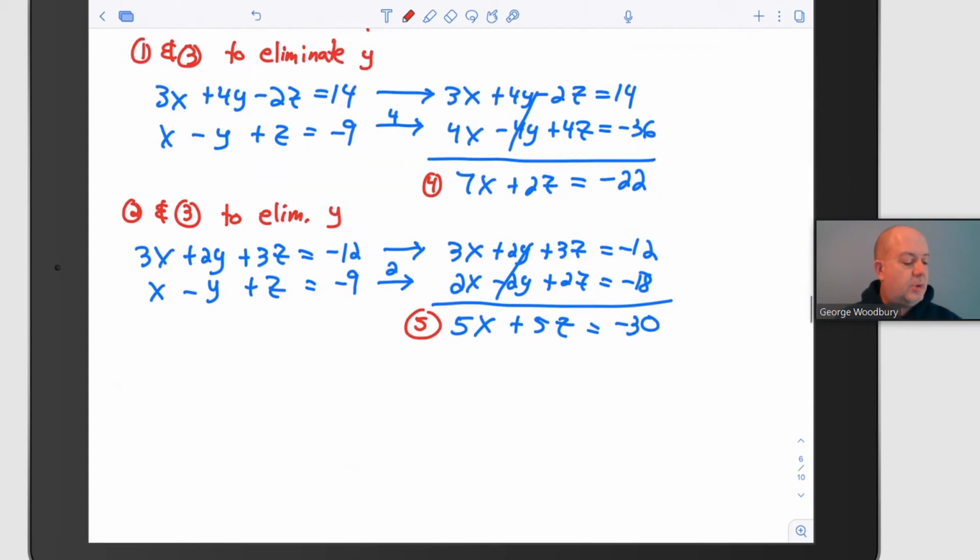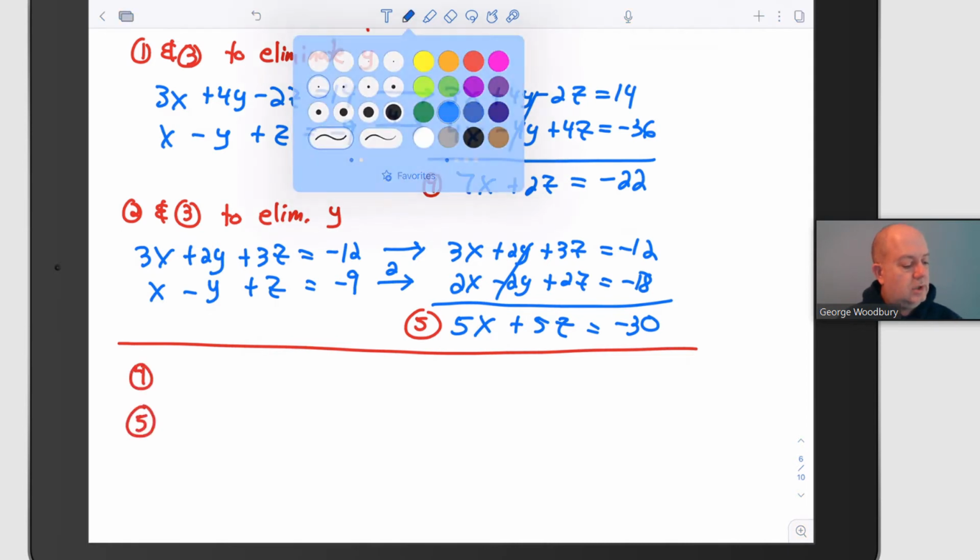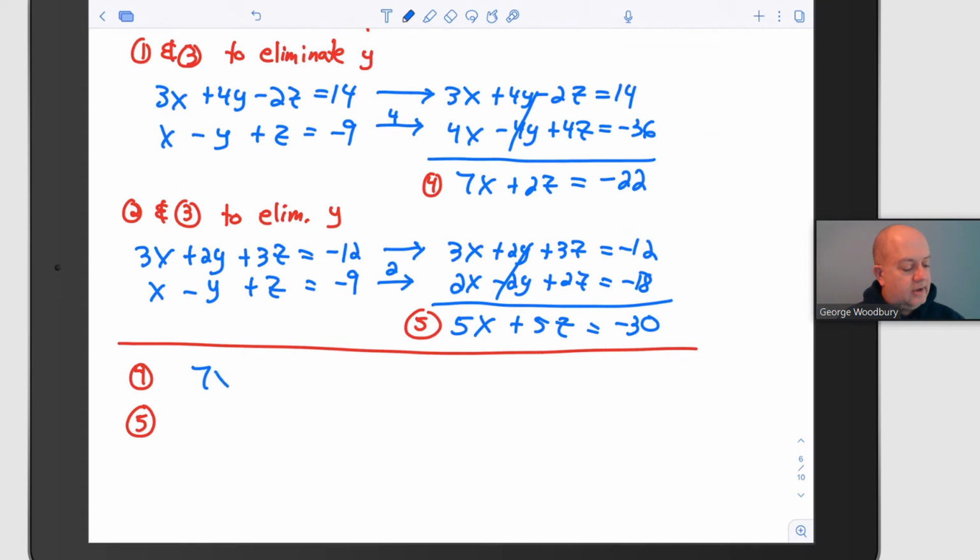I'm going to start by rewriting equation 4 and 5. 7x plus 2z equals -22 and 5x plus 5z equals -30.